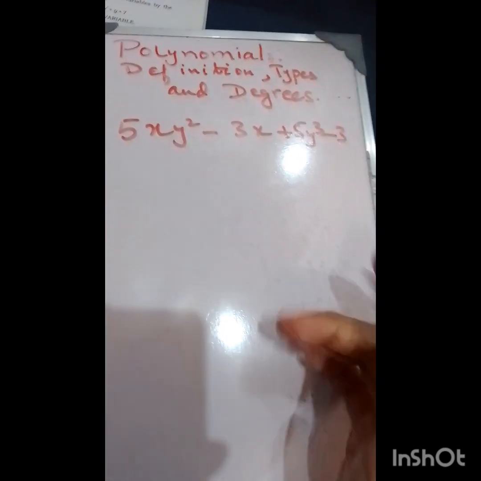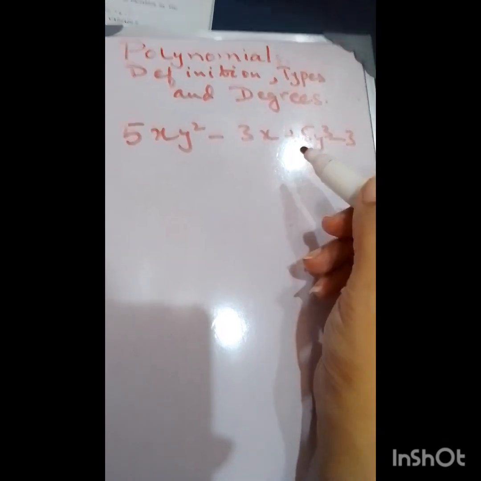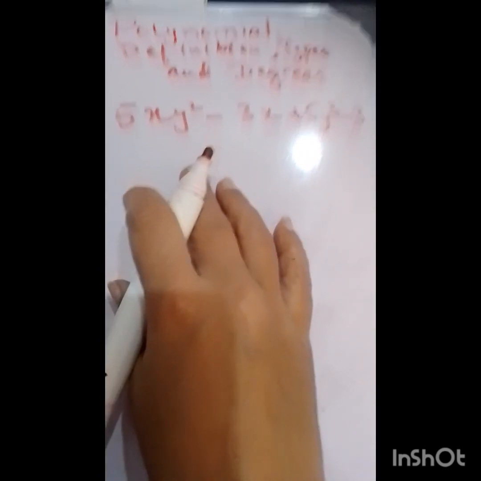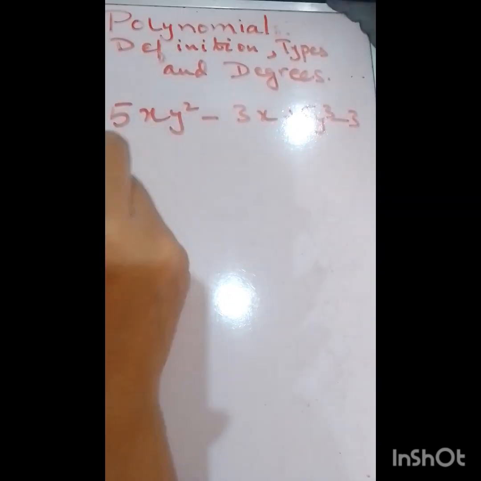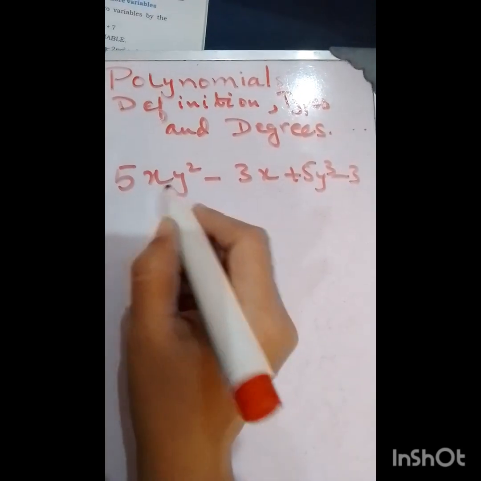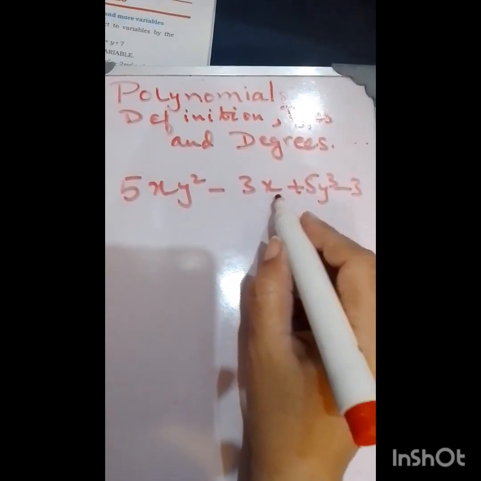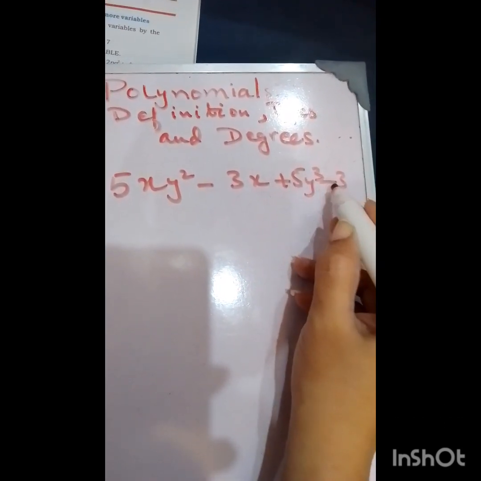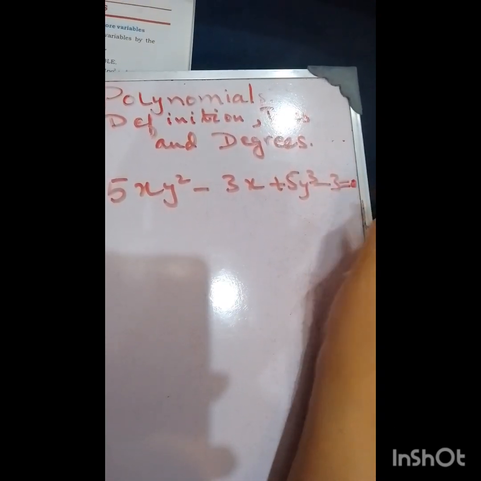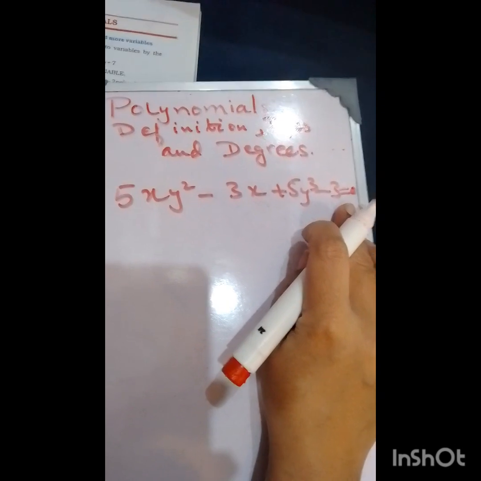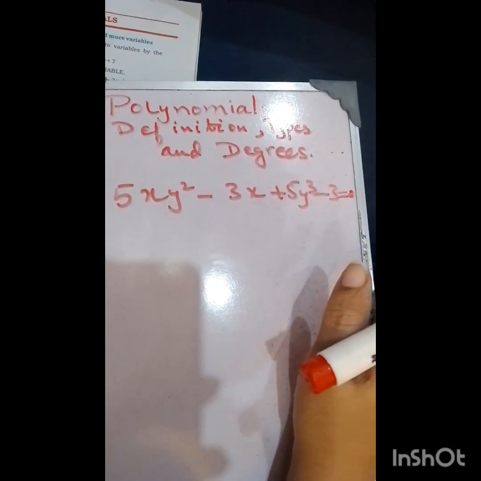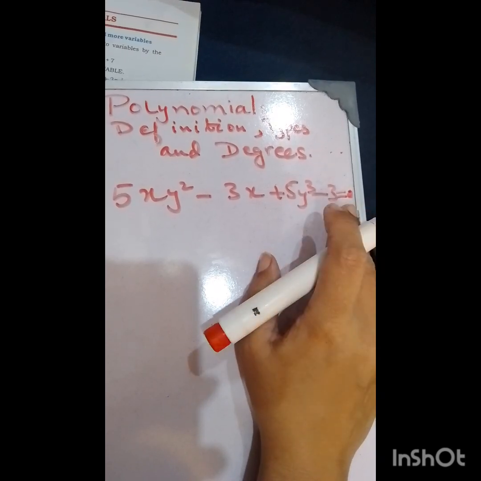Before defining the degrees of polynomials, I am going to describe what constants, coefficients, variables and exponents are. So here we have 5xy square minus 3x plus 5y cube minus 3 equals 0. So this is an equation. An equation always has an equals sign with it, and it is equal to something, a constant number or 0 or whatever.